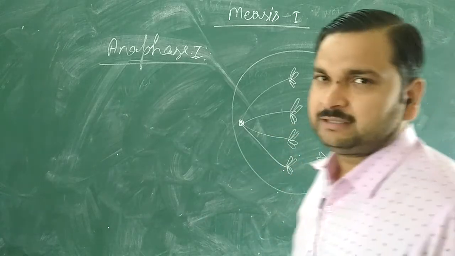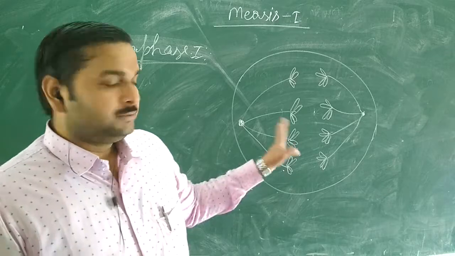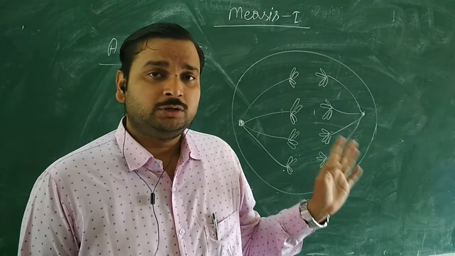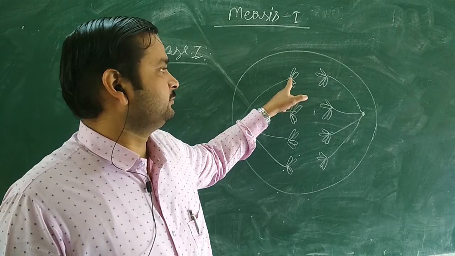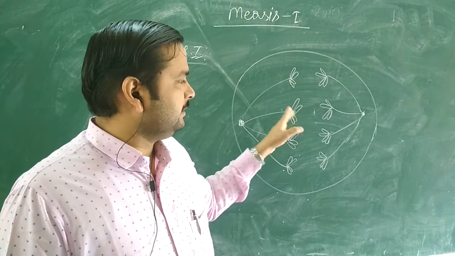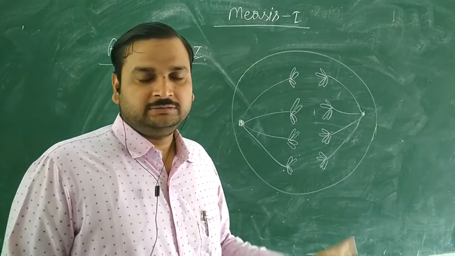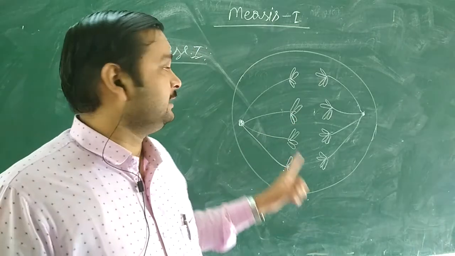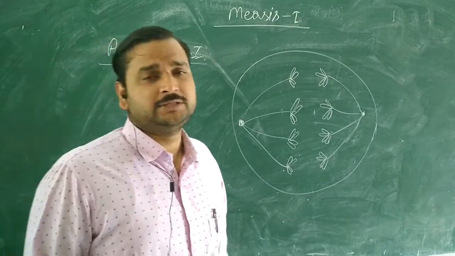Do you think that here the splitting of the centromere takes place? The splitting of the centromere does not take place in the anaphase first. You can see this is the centromere which holds both the chromatids, but still they are intact. The centromere is still intact. There is no splitting of the centromere in the anaphase first of the meiosis first. Then whose splitting takes place?